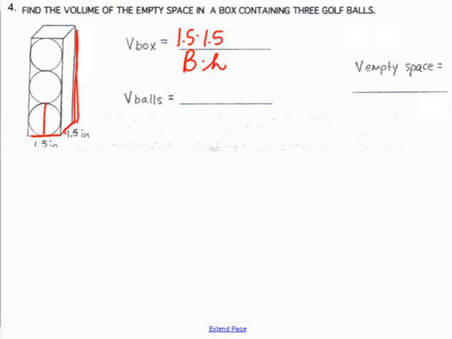So if I have 1.5 plus 1.5 plus 1.5, that's going to be the height. So that's going to be 4.5. When I calculate that all out, I get 10.1 inches cubed.